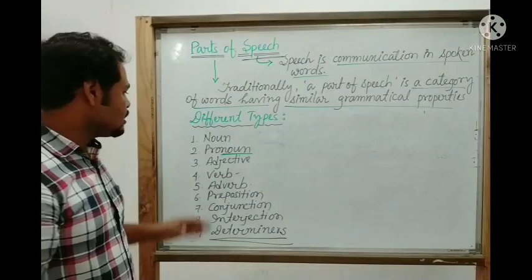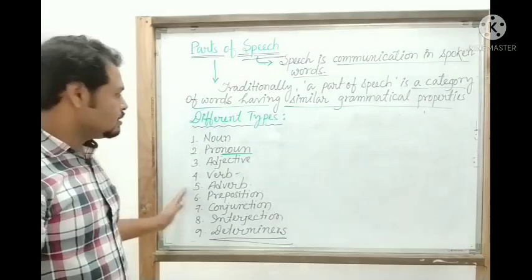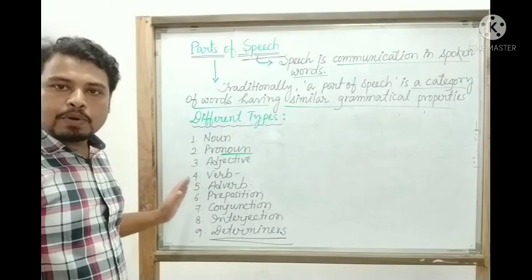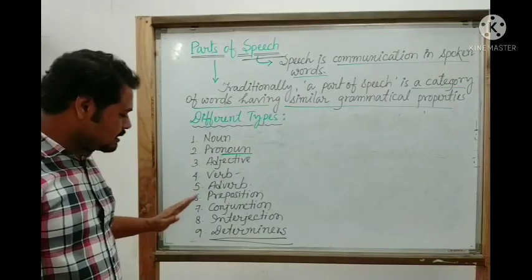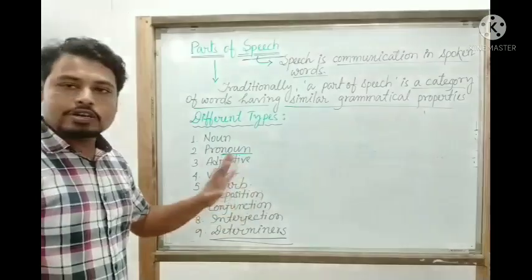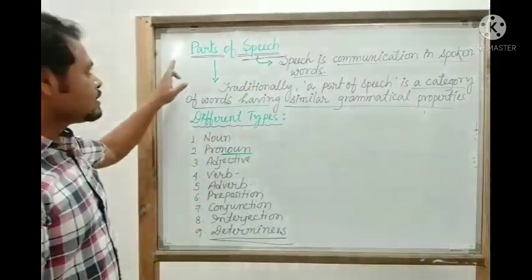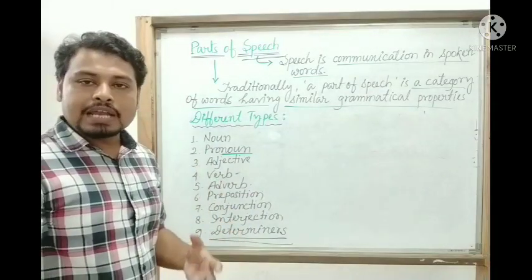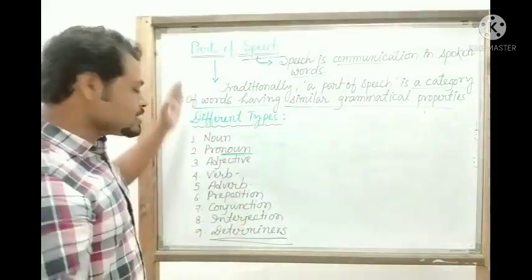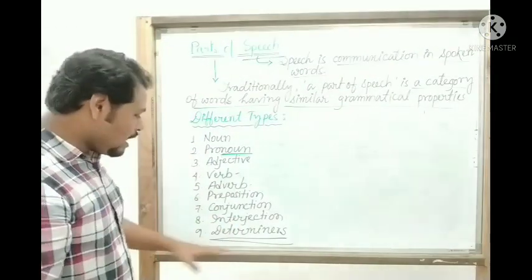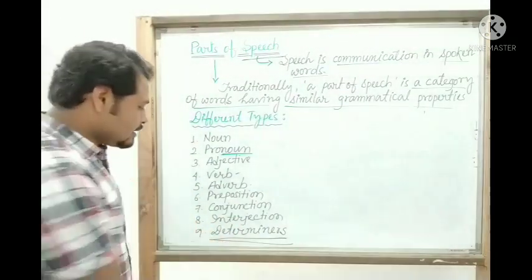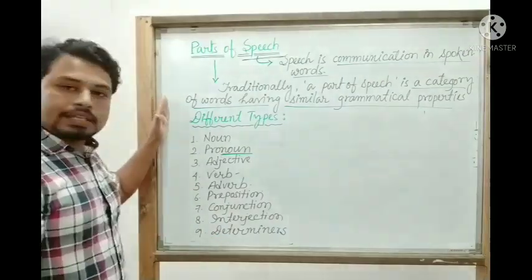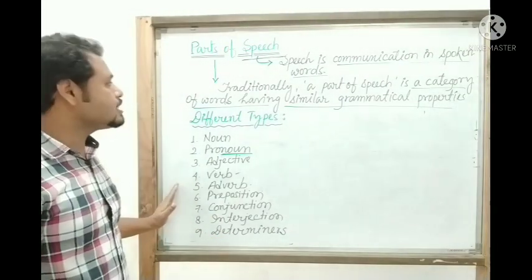So actually there are 9: noun, pronoun, adjective, verb, adverb, preposition, conjunction, interjection, and the newly added one, determiners.